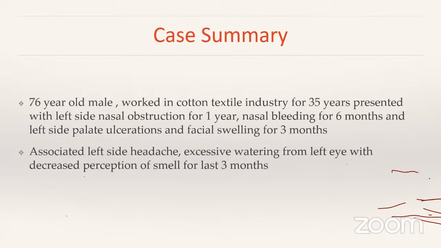My case summary is: a 76-year-old male who worked in the cotton textile industry for 35 years presented with left-sided nasal obstruction, nasal bleeding, left-sided palate ulceration and facial swelling. There is associated left headache, excessive watering from the left eye with decreased perception of smell for the last 6 months.